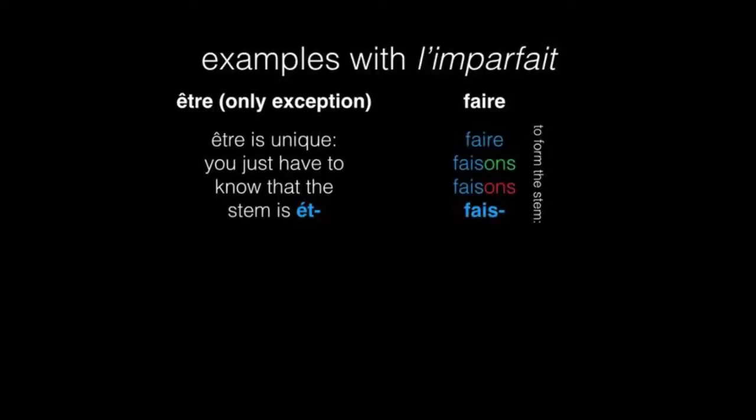So let's look at some examples with l'imparfait. So for être, which is the only exception, I'm going to do that, and then I'm going to do faire. To form the stem, I have a chart here.